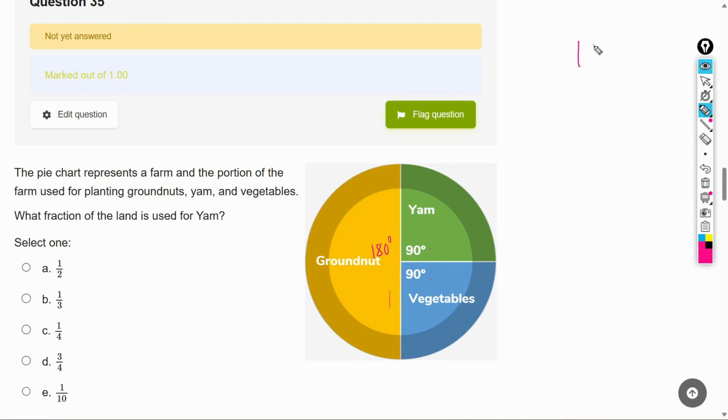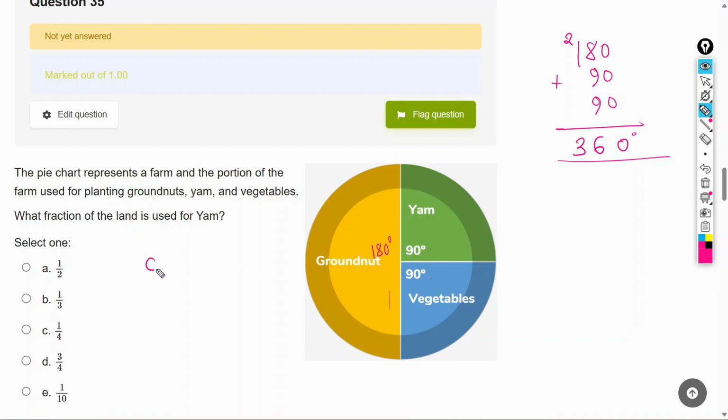So 180 plus 90 plus 90. 0, 18 plus 8, that's 26, carry 2, then 360. So that's 360 degrees total.